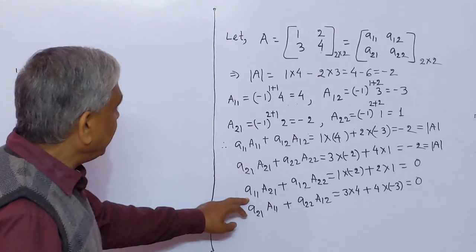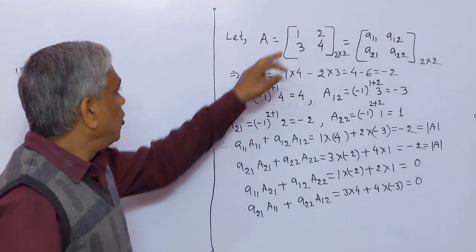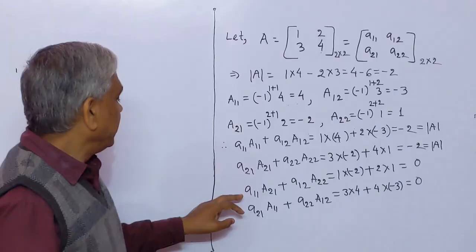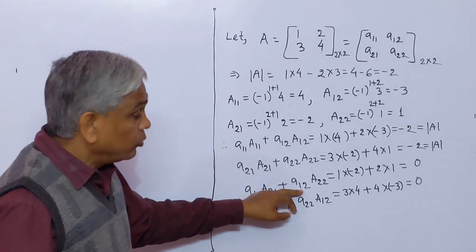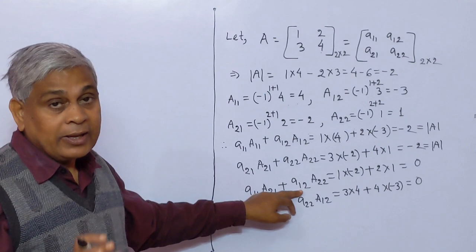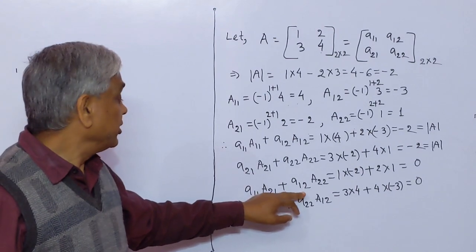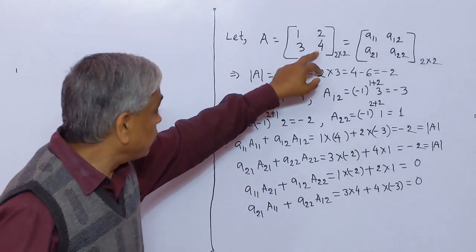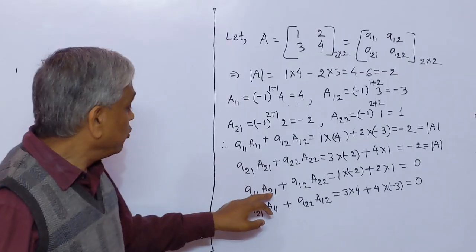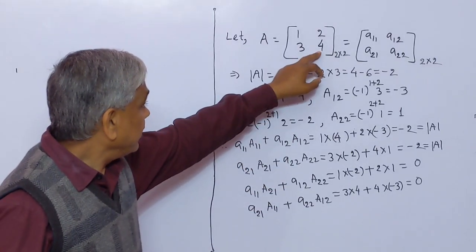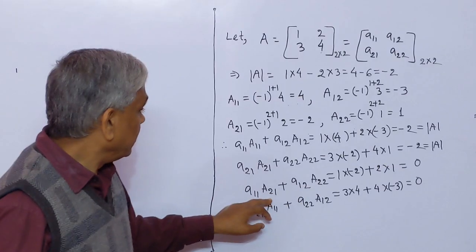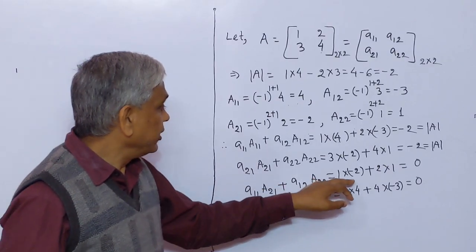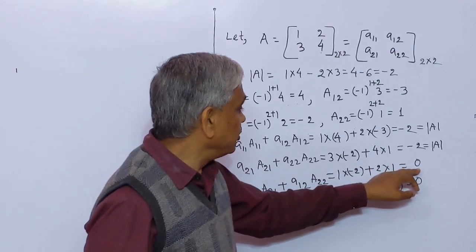Now we take elements of first row A11 and A12 and we take scalar product with the cofactor of the second row, A21, A22 capital, and we see that value of this is 0.